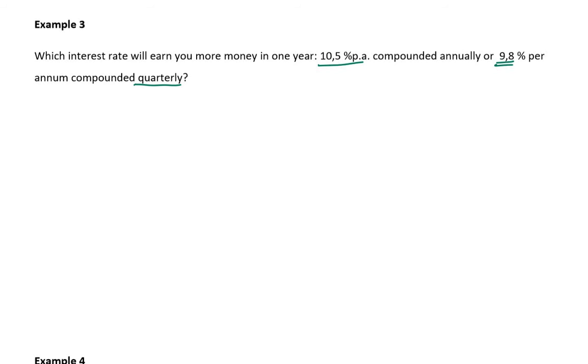So who knows whether that's big enough to compensate for the fact that you're not getting interest on interest. Now, if you're trying to compare, I either need to convert 10.5% to compounded quarterly, or I need to convert the 9.8% to compounded annually, so convert to an effective interest rate.